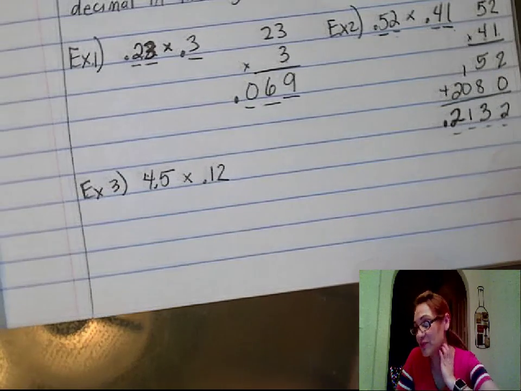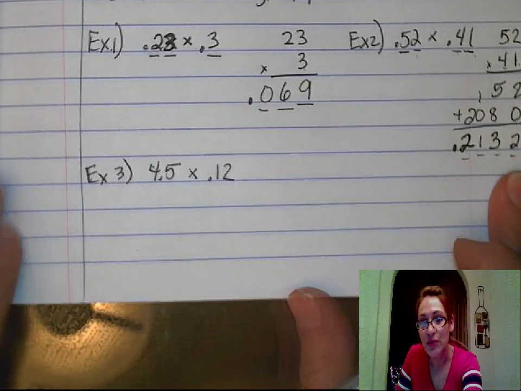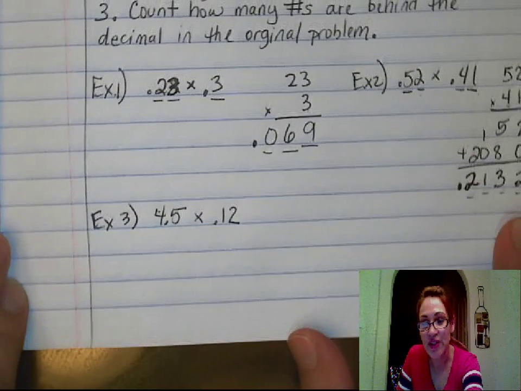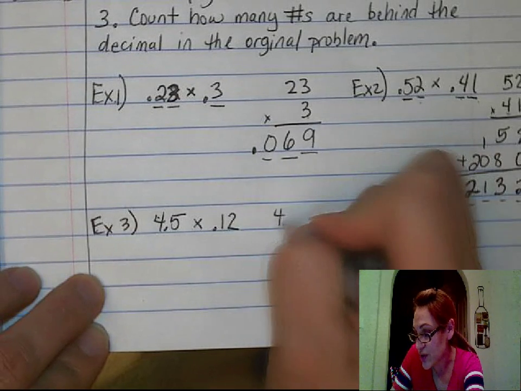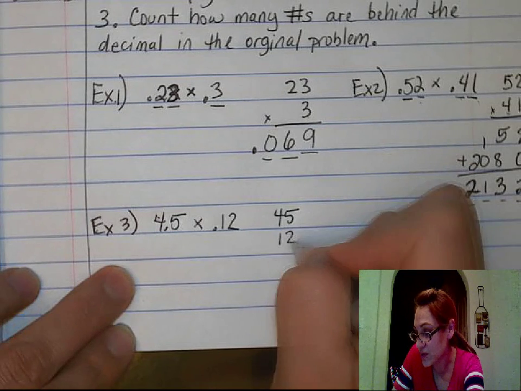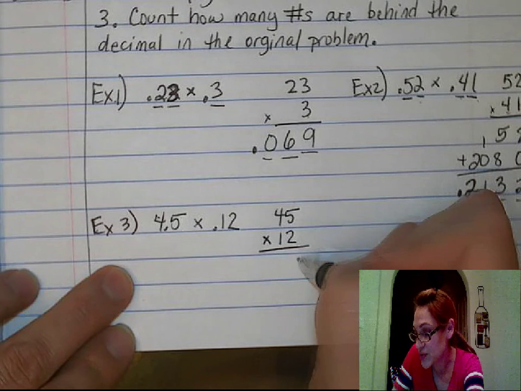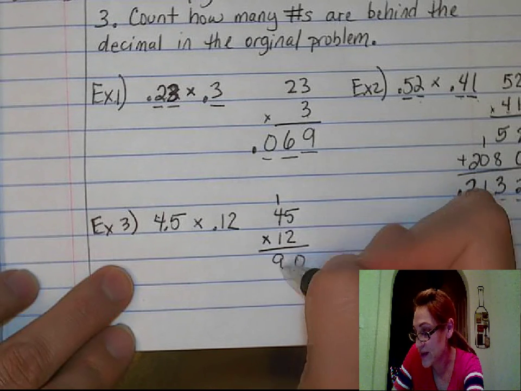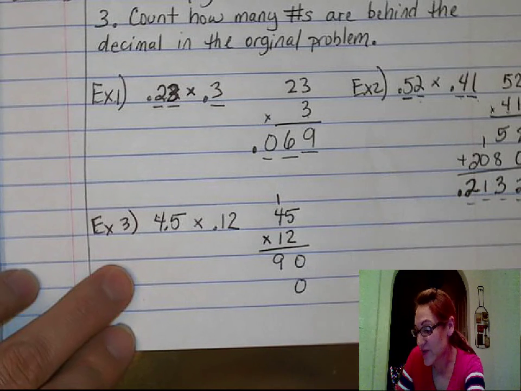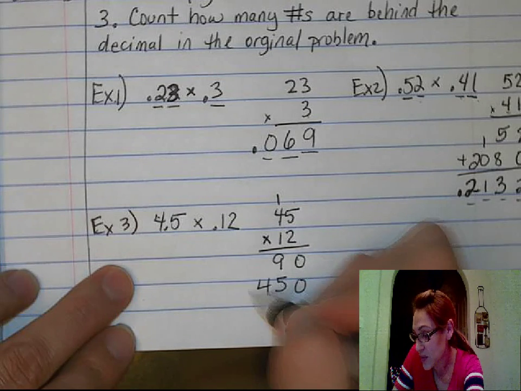Let me move that up, you're getting the glare from my table there. We're going to line it up vertically without the decimals, so you're going to make that 45 times 12. Then you're just going to multiply it like normal. 5 times 2 is 10. 2 times 4 is 8, plus 1, that's 9. 5 times 1 is 5. And 4 times 1 is 4.